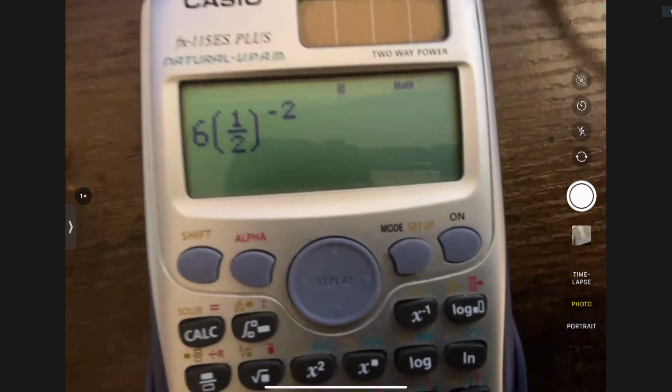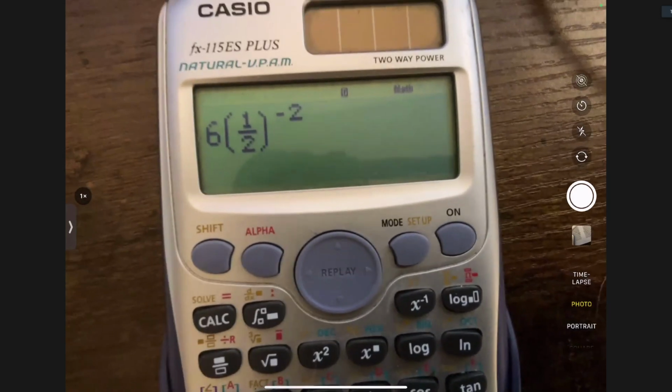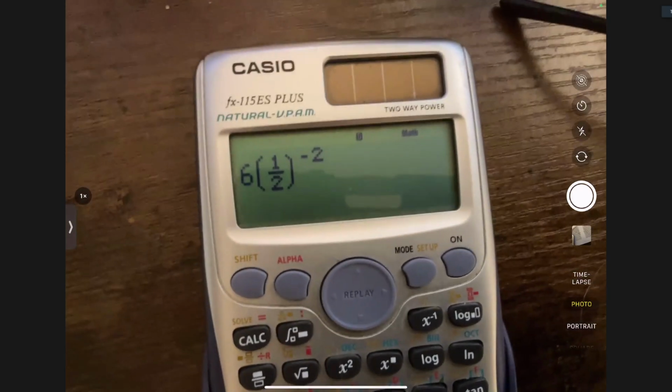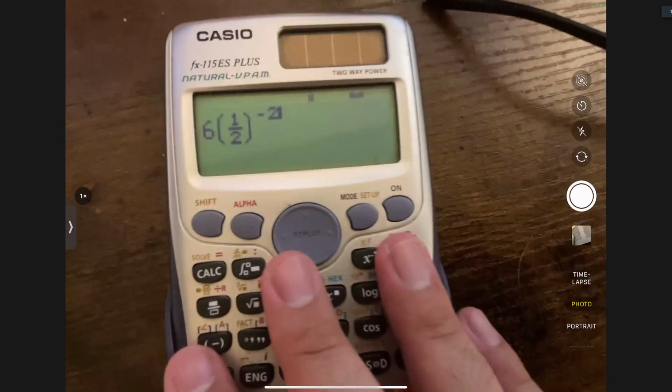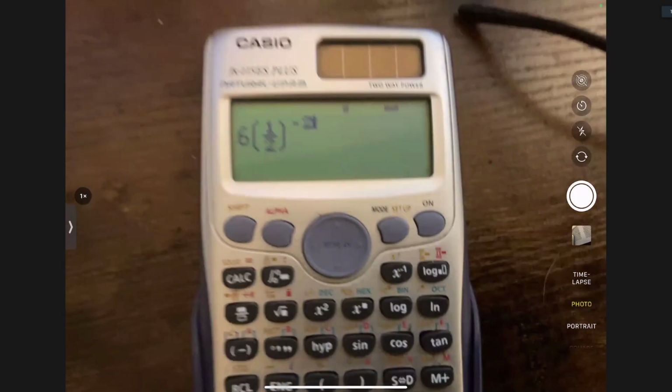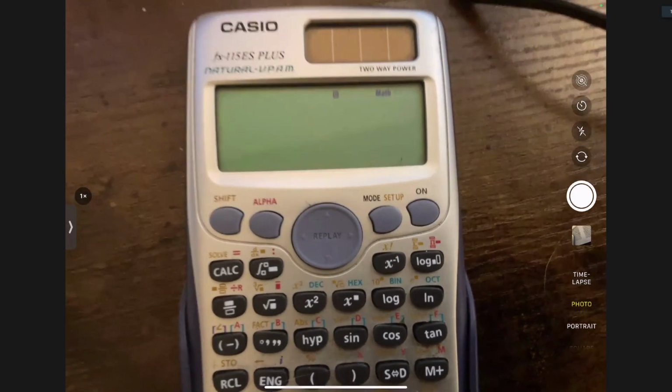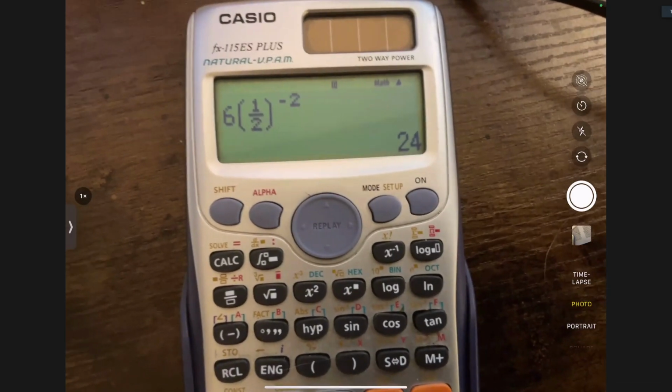Look how nice that looks. Now, on the other calculators that the school provides, it doesn't look as nice as this. Trust me, this is my favorite calculator. Not sponsored, but I really recommend that you actually get this calculator. So you press enter, and then it gives you your actual answer.